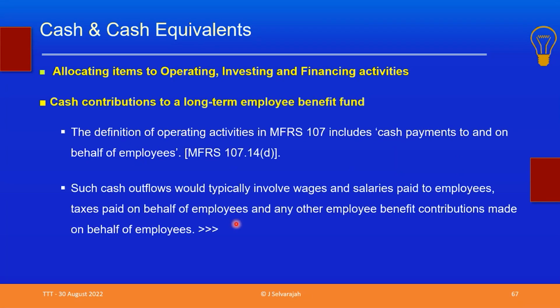Okay. Now, cash contribution to a long-term employee benefit fund. These are called retirement benefit funds. Some companies, especially the older companies, go for this; today, not very many companies go for a retirement benefit fund. They would rather you put in the EPF and then you manage your own thing. Because a retirement benefit fund is very laborious. You've got to value it.